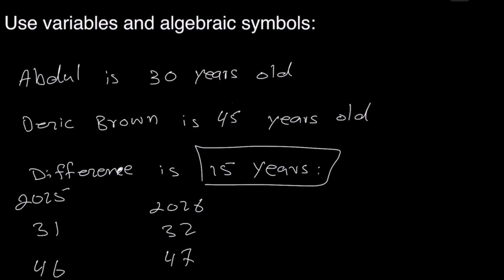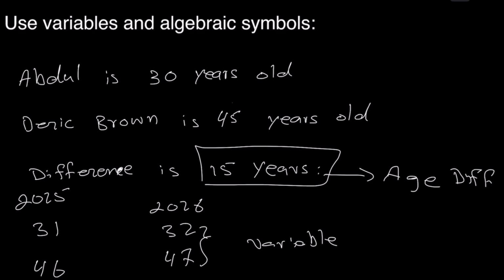One thing is constant: the constant is our age difference. Age difference is constant. Our ages change. The changes are variables. Our age has been changed due to time, and that's what we consider as variables.